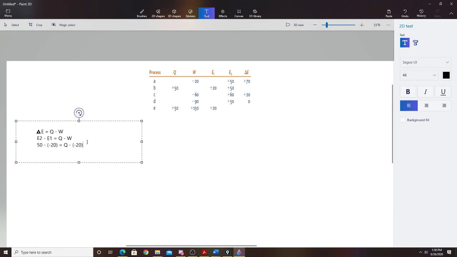So now from here, very simple process. We can then maneuver around and get, so now we have 70 is equal to Q, essentially plus 20, right? That makes sense? Because minus a minus has to equal plus, and then you subtract it over, so heat has to be equal to what?